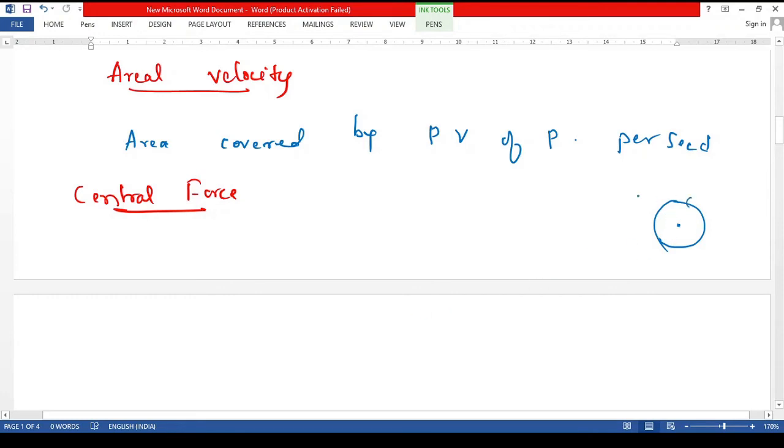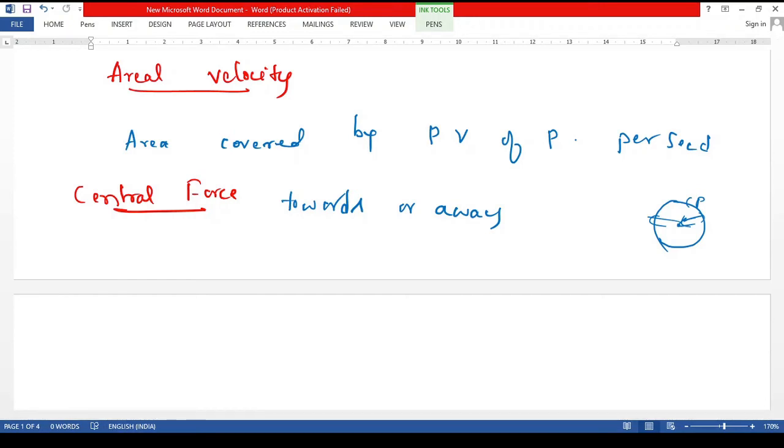This is the fixed point. The force acting on the particle is either towards or away from the fixed point, and its magnitude depends on the distance from the point. Such a force is called a central force.